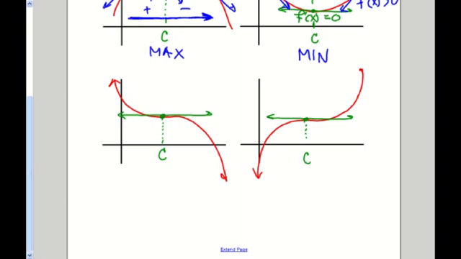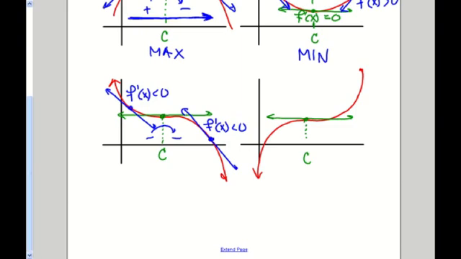This corresponds to my critical number. But when I look at the derivatives at the places surrounding c, here I've got f prime of x is less than 0. And here, f prime of x is less than 0. So on either side of c, this one's going from negative to negative, right? So as we go across, it doesn't change. And I have no maximum or minimum at that point.